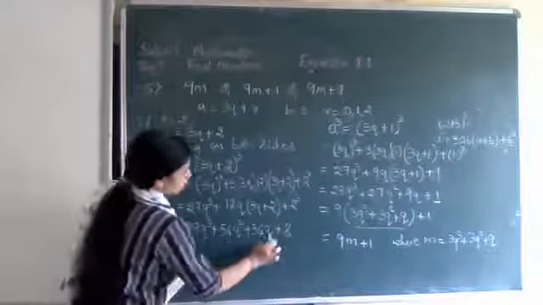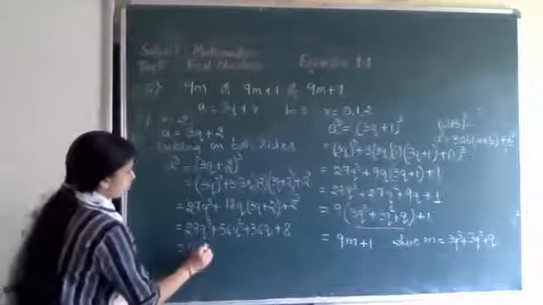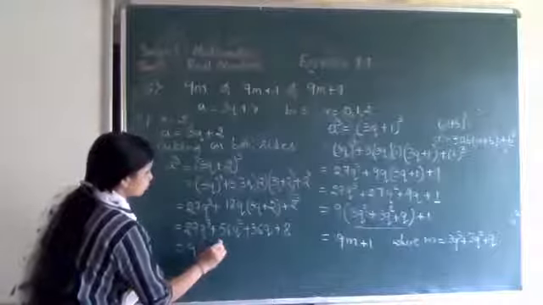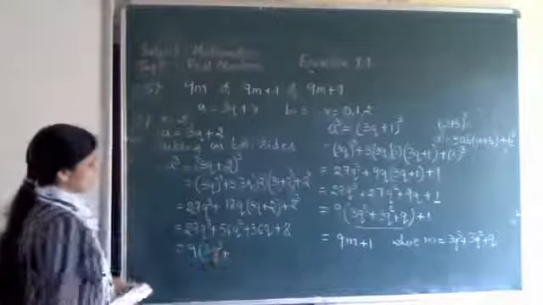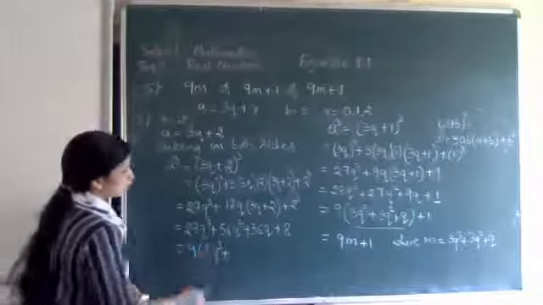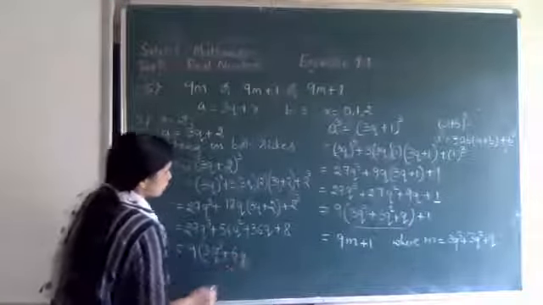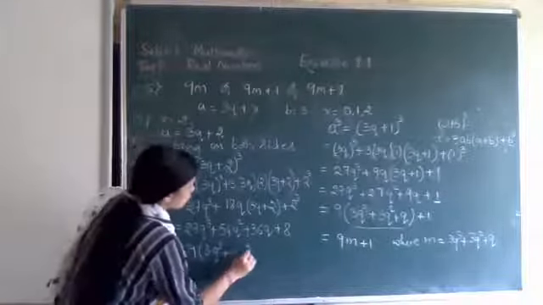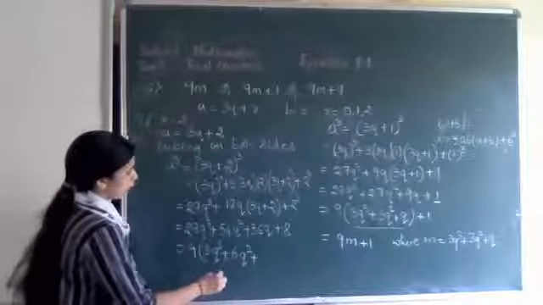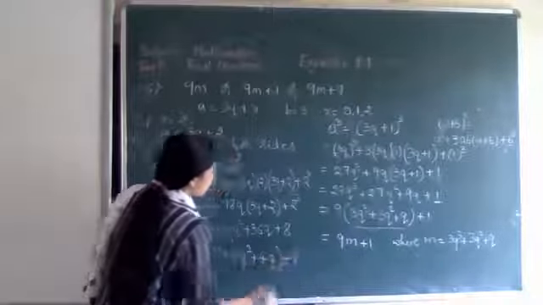Now take 9 as common factor. 9 into 3q cube, 9 into 6q square, 9 into 4q, plus 8.